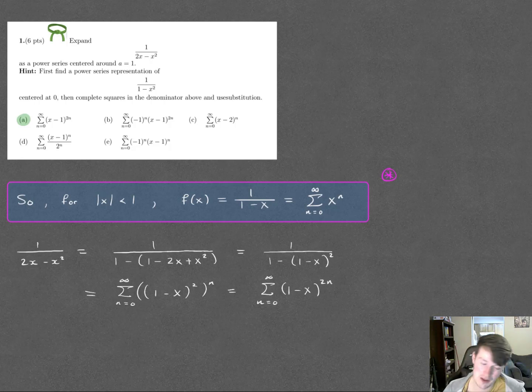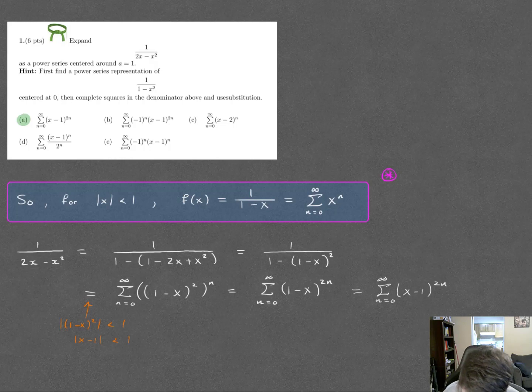But because the 2n is always even, I can just change the inside, as in minus 2 squared is the same as 2 squared. So I can change the sign inside. And now back here, if you were being very careful, alarm bells should have gone off. This is only valid for |1 minus x| squared less than 1. And this is the same as |x minus 1| less than 1. And that's where this expansion is valid.